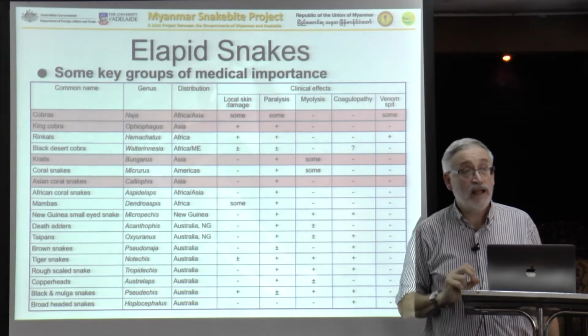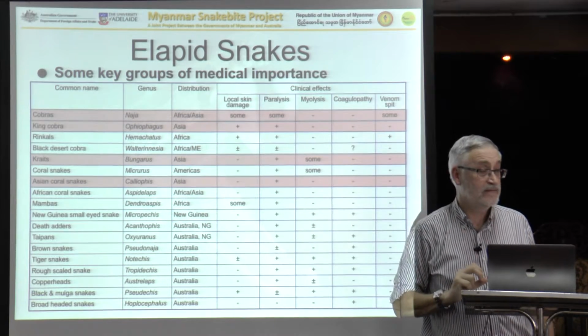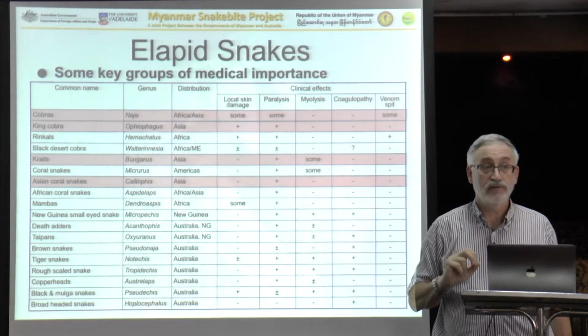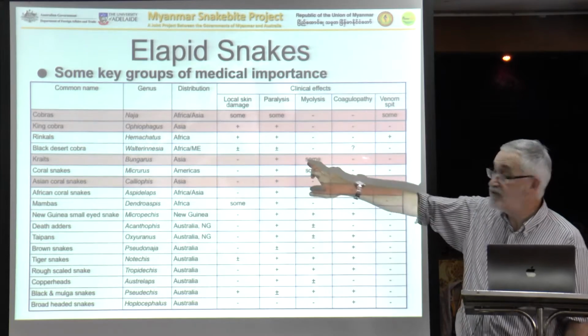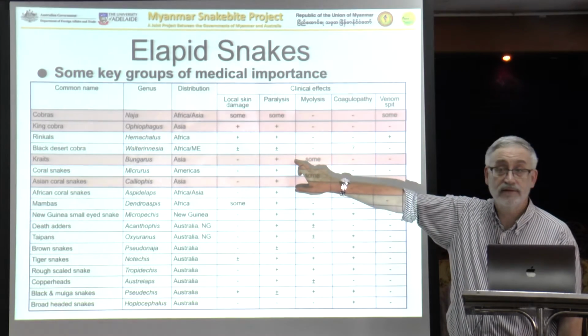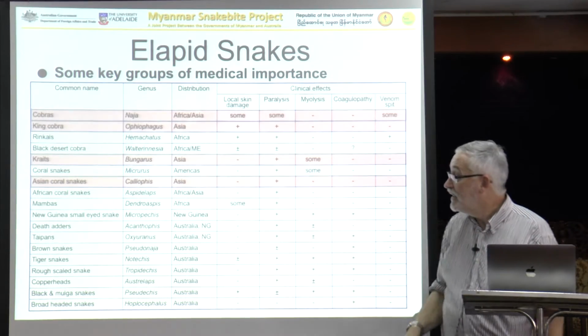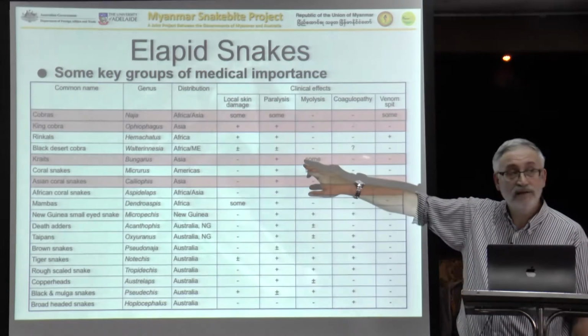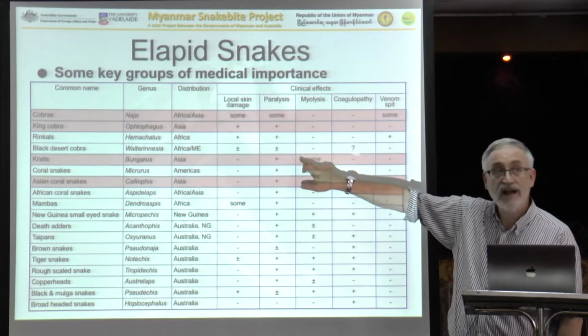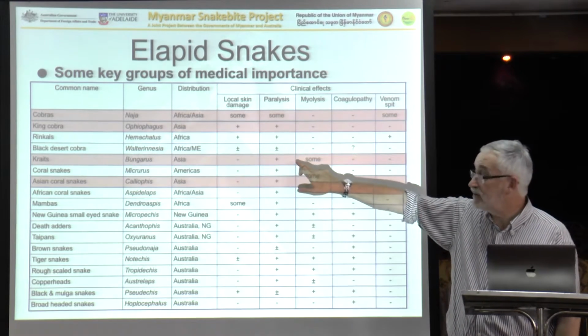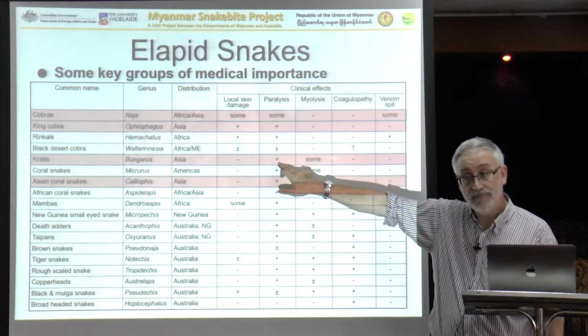So how many people here have seen a cobra bite? Several of you. How many here have seen a krait bite? You've seen them, yeah. We are hearing very little about krait bites in your country, but we think that kraits are probably quite common.